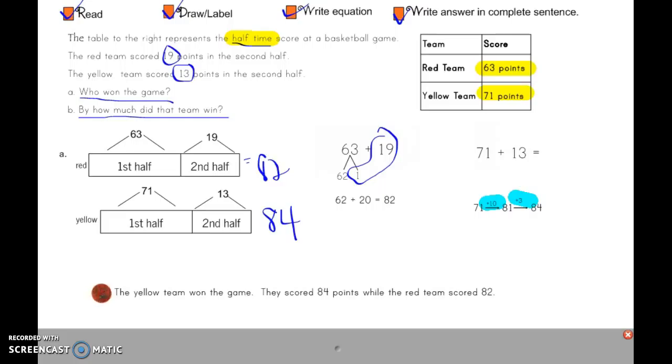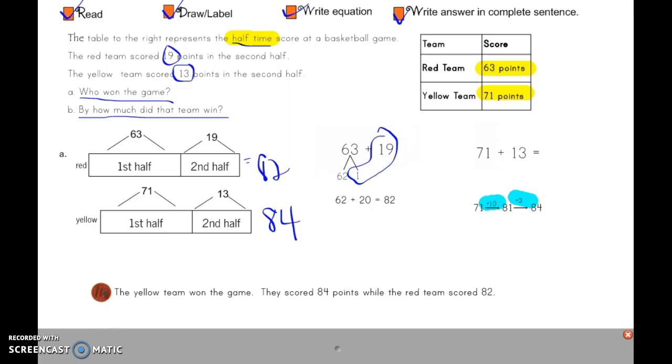For my complete sentence, I said the yellow team won the game. They scored 84 points while the red team scored 82 points. Now let's look at problem B. B wants to know by how much did that team win?